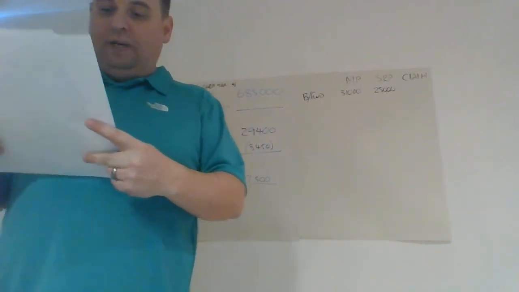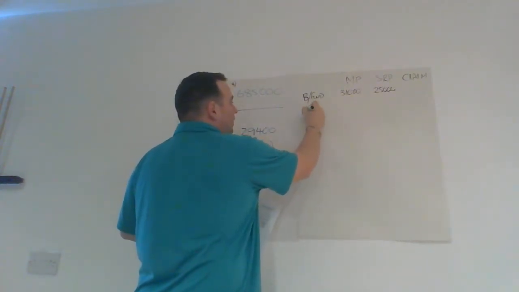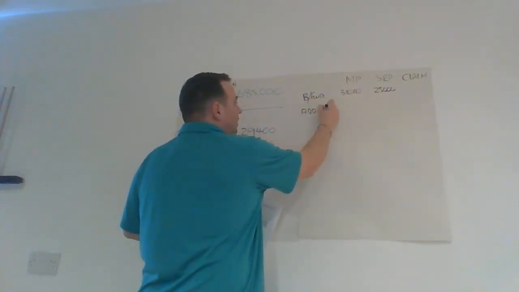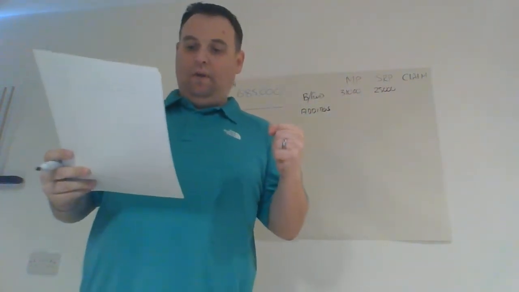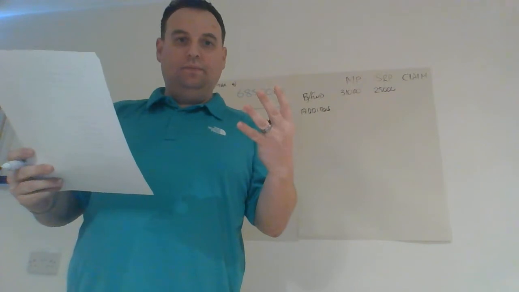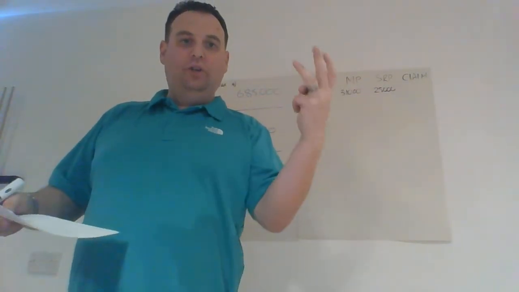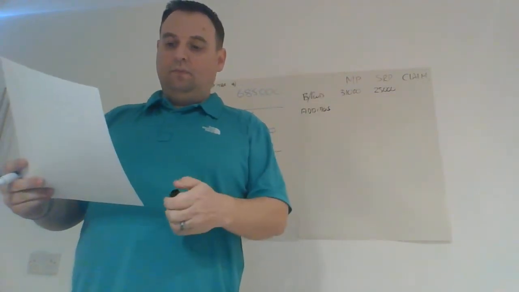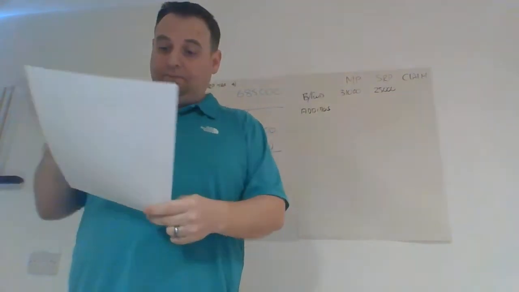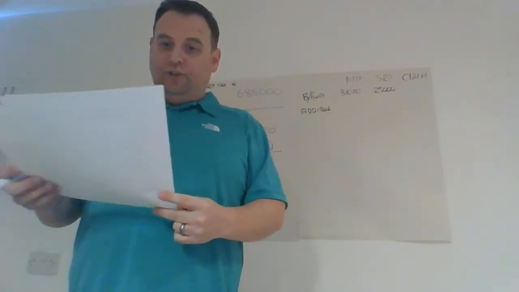Now what we need to do is we need to look at the additions. Remembering we have 4 different types of addition: annual investment allowance, special first year allowance, no special first year allowance, special rate pool. So we look at the additions that we've got here, and we have plant and equipment 170,000.